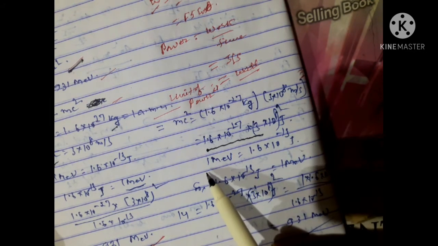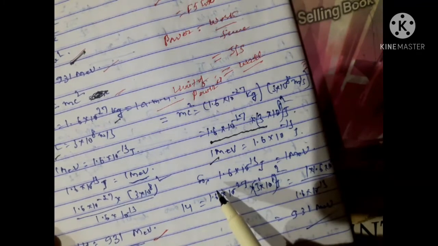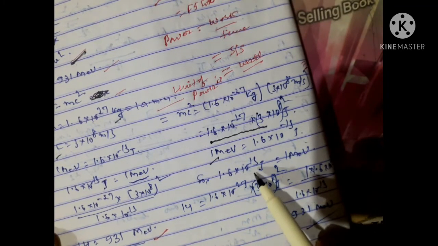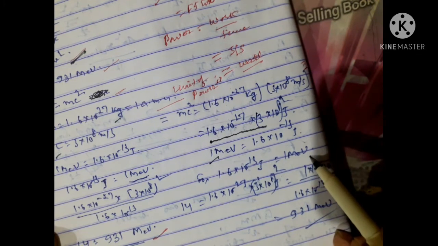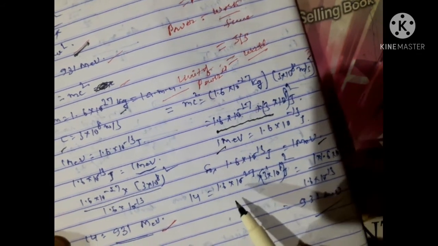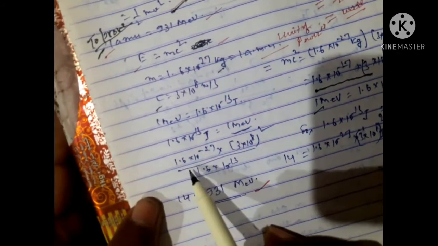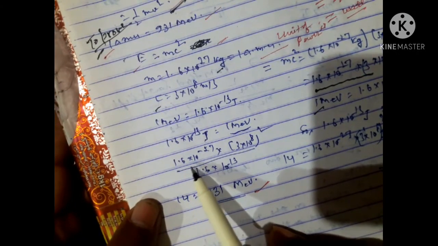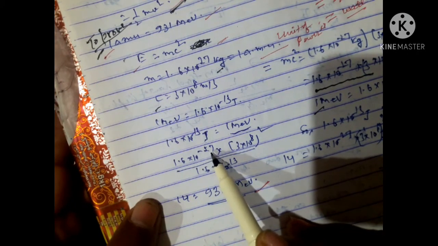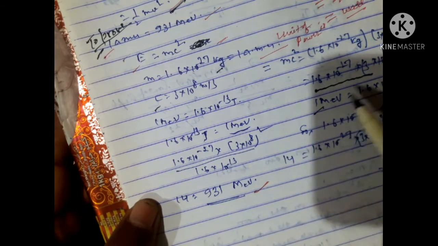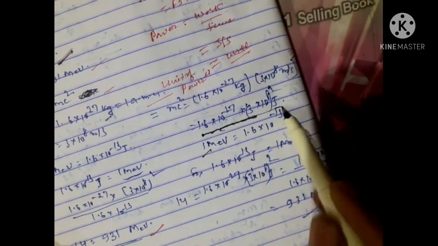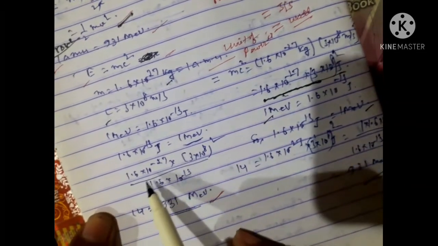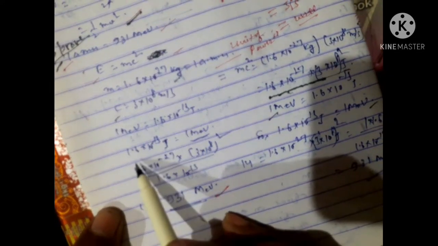Now you know that 1.6 into 10 to the power minus 13 joule is equal to 1 mega electron volt. Whenever you multiply 1.6 into 10 to the power minus 27 and so on, this is in joule, and you have to put it here.